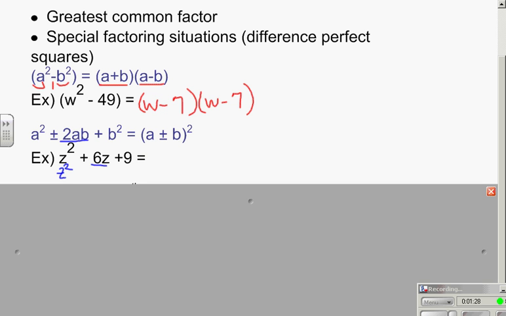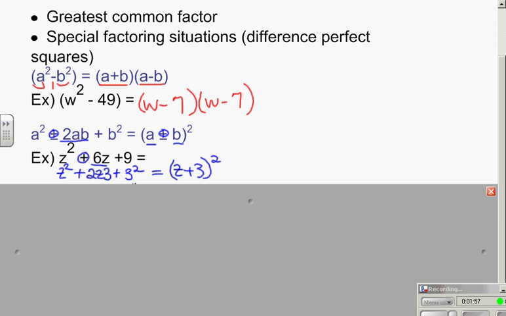If I look to break 6z up so it matches my pattern, if I take a 2 out of 6, the z is my a, that means the 3 is my b. And if I look at 9, b squared, it is 3 squared. So by the pattern, this is plus, so that's what dictates this being plus. I'm going to have z plus 3, the quantity squared.